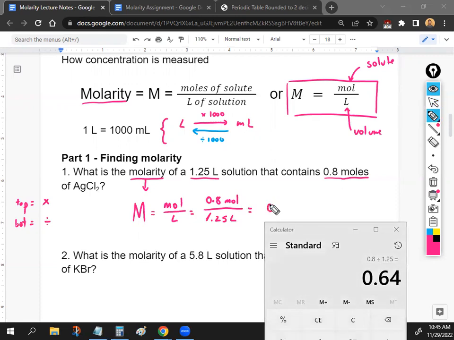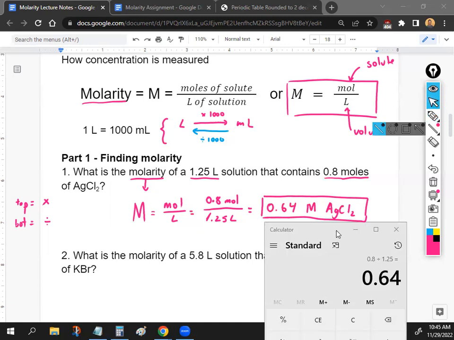That's your final answer, 0.64. And then we have to label our numbers. We have to put molarity AgCl2. Okay, and that's basically what we'll be doing today. It'll get a little bit trickier than this, but basically it'll come back down to this.